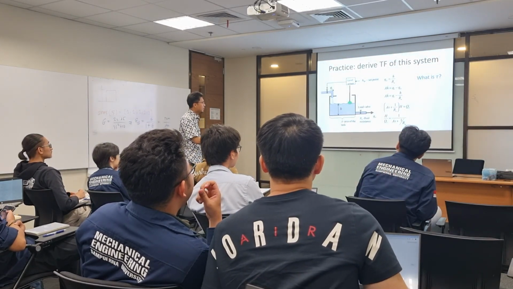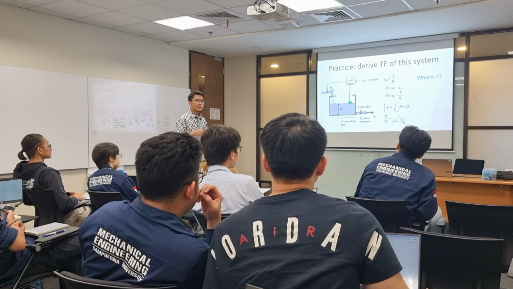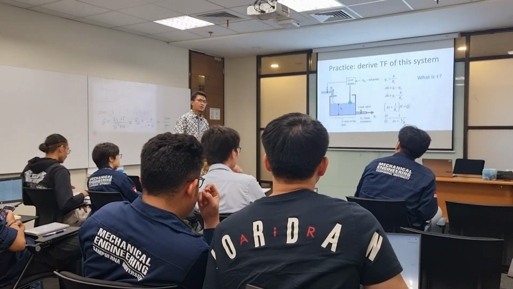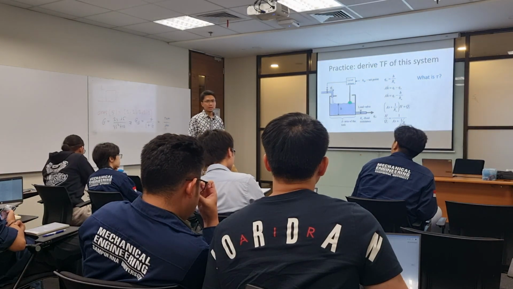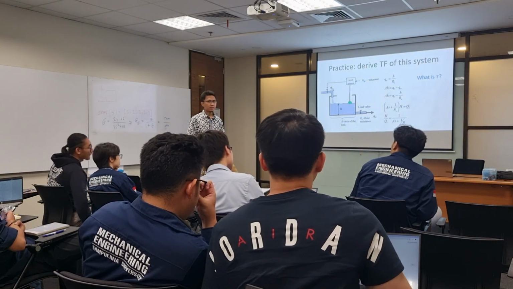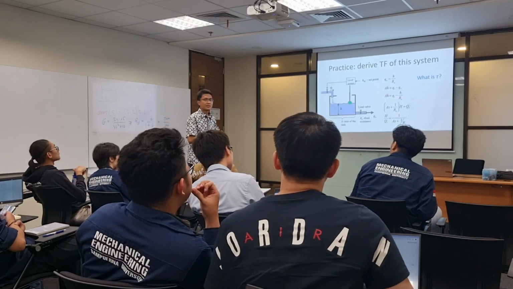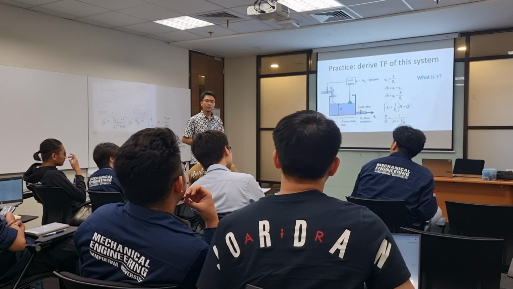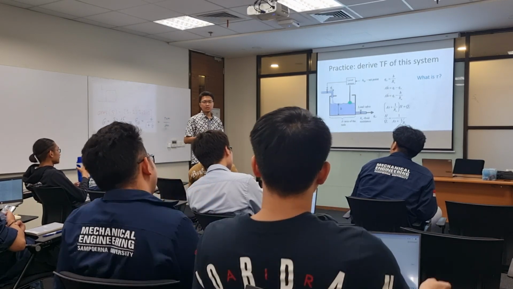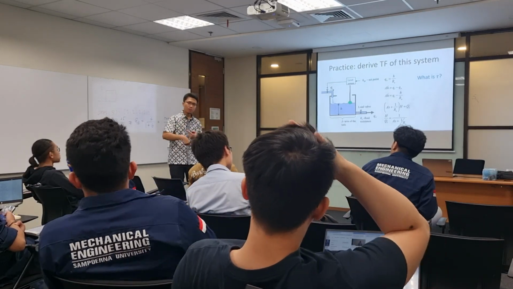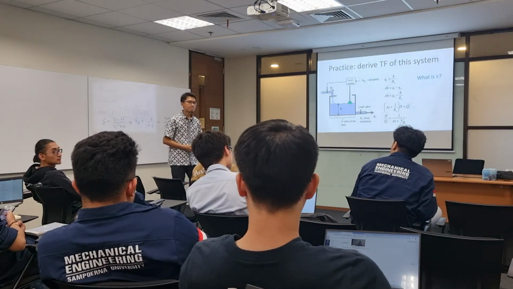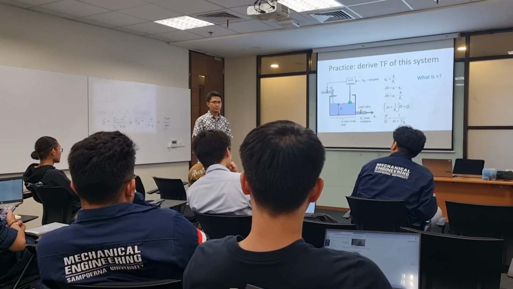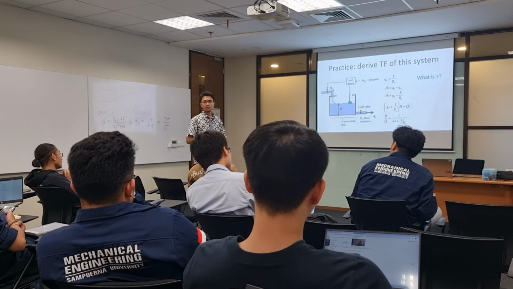This is the set point, meaning the desired height that you will set after you perform closed loop feedback control. Not part of the plant, not part of the plant transfer function, but it will be part of the closed loop transfer function, which I will show you in the next slide, in the block diagram.